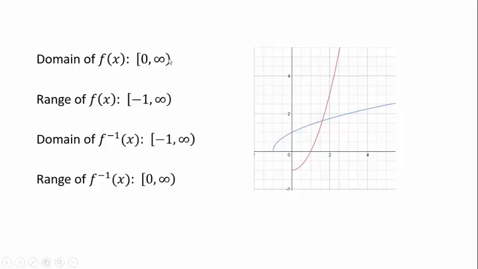Of course, domain means x values and range means y values, but when we write this in interval notation, they're exactly the same. Similarly, the range of f is going to be the domain of the inverse. And that's always going to be true when you're talking about inverse functions. And I think that's about it for this example. Thanks for listening.